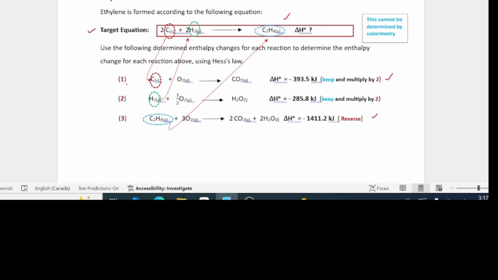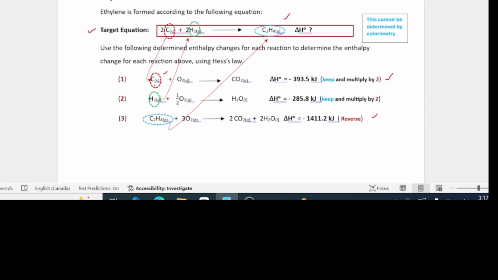Let's look at equation number 1. When you inspect equation number 1, you can see that carbon is on the left side here, but carbon is also present in this target equation. But this target equation has 2 moles of carbon, and this one here has only 1 mole of carbon.